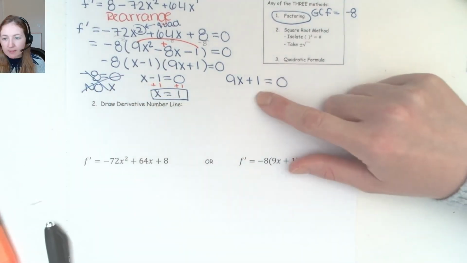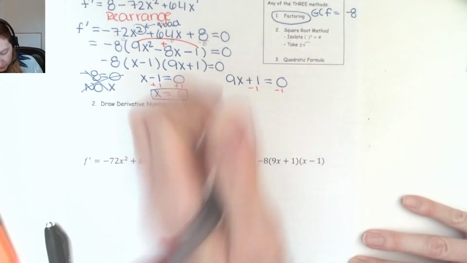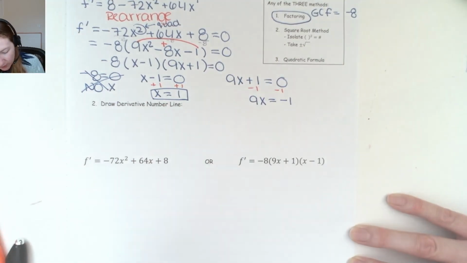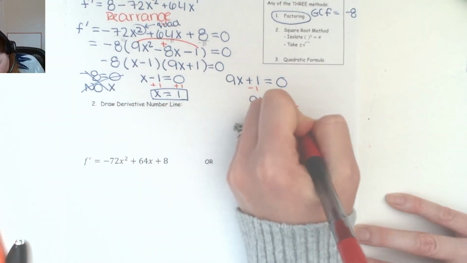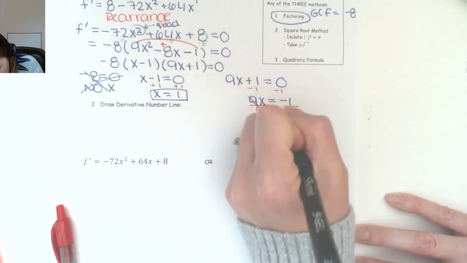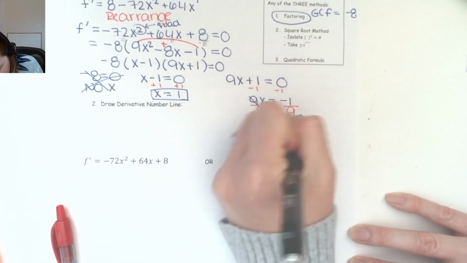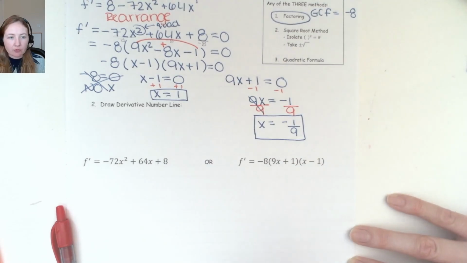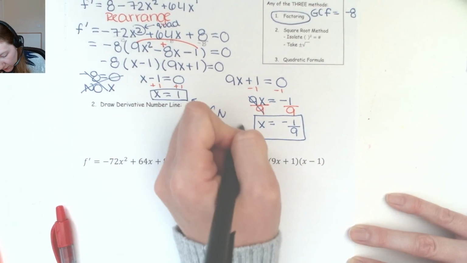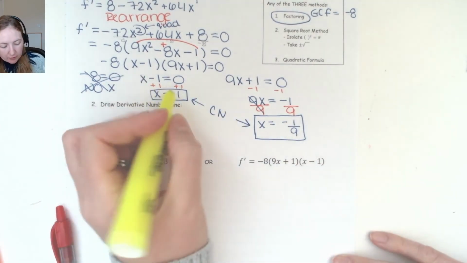For 9x plus 1, subtract 1 from both sides to get 9x equals -1, then divide by 9 to get x equals -1/9. So those are my two critical numbers, the -1/9 and the 1.